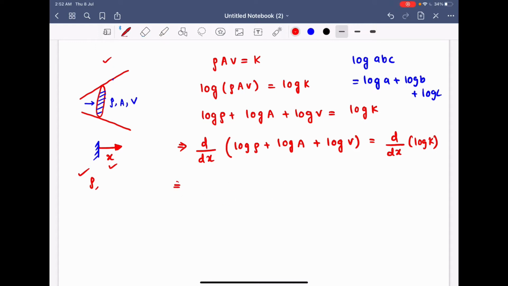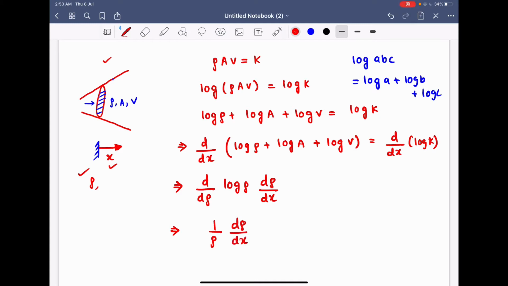If I differentiate both sides with respect to x, this can be written as d by d rho of log rho times d rho by dx, by the chain rule. Expanding one of these, d by d rho of log rho will be 1 by rho, and there will be d rho by dx.